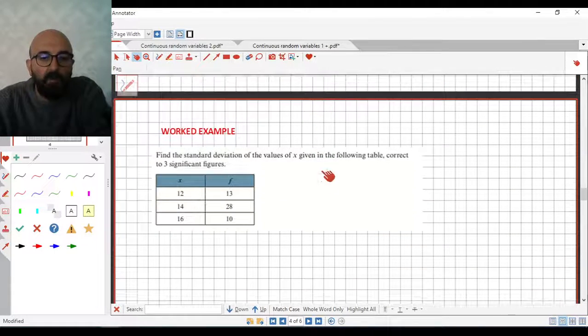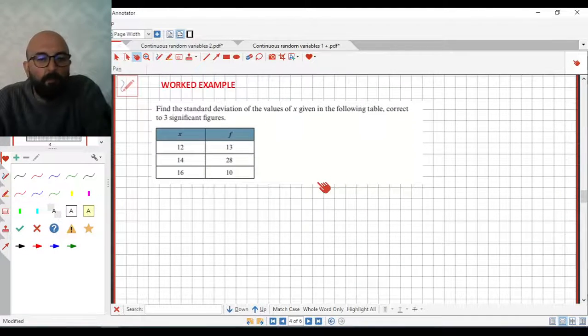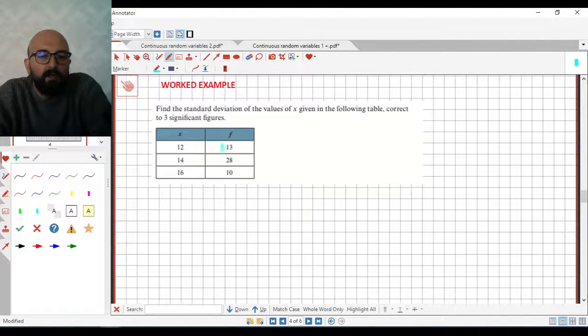Now we have one more example, and I hope you can understand easily when we solve these questions. Find the standard deviation of the values of x given in the following table, correct to three significant figures.